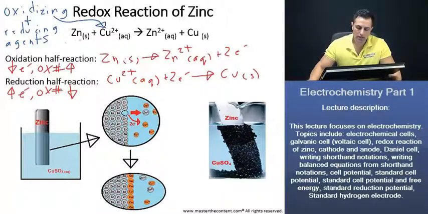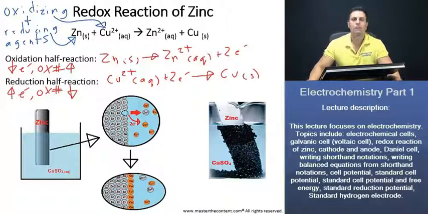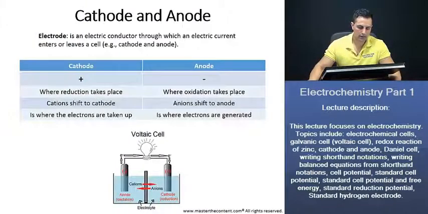Similarly, the zinc is losing electrons and thus reducing our copper ion, so we can say it is our reducing agent. Just be comfortable with those terms. Should you need a review, just follow up on one of the preceding lectures. Okay, great. Now we're ready to proceed to our next slide.